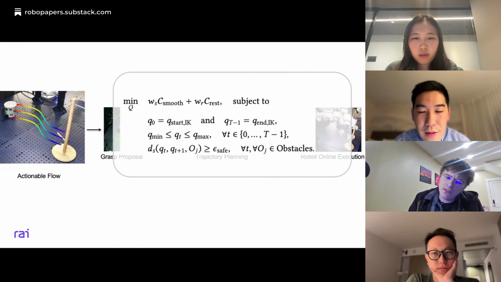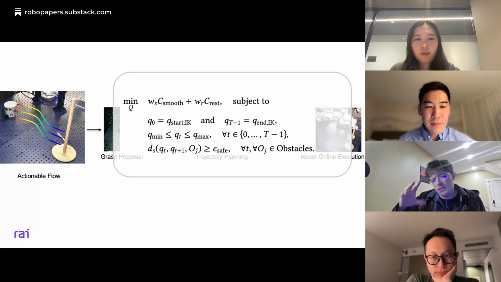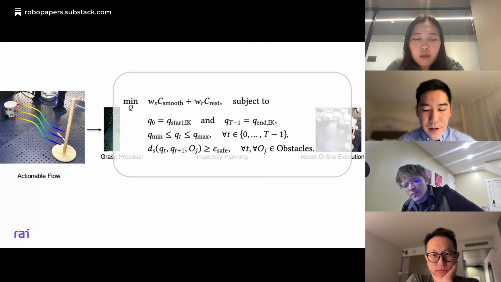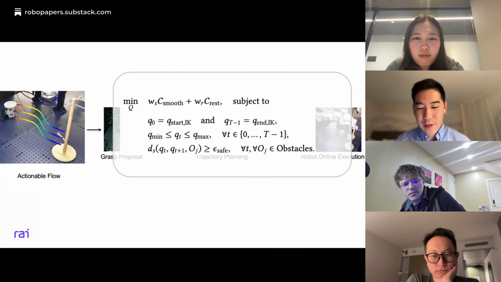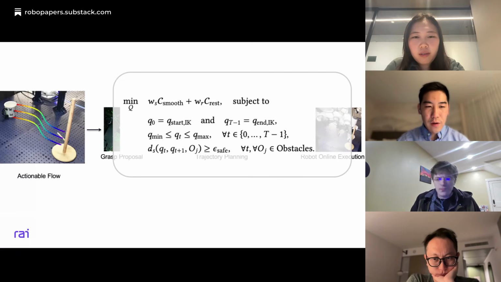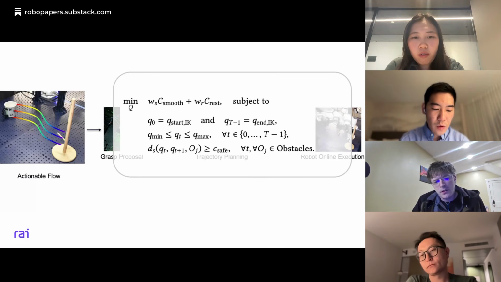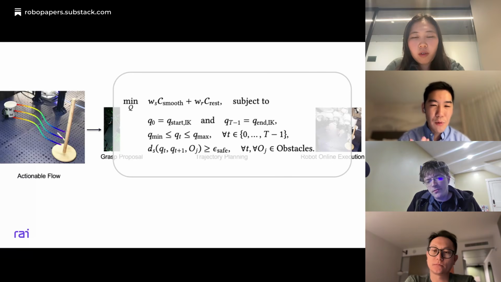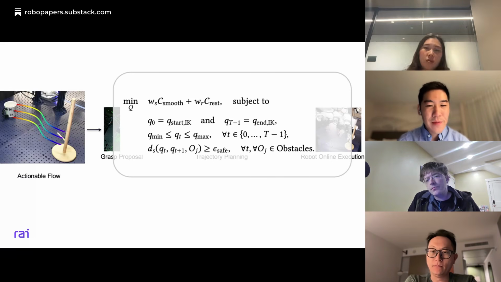Sorry, why do you need the grasp proposal? Is it just because it was a human hand before, so you don't know the exact final configuration to close the grip around the object? Yeah, that's a great question. So in the video we have a human hand. For this work, we didn't really want to exploit that human hand prior.